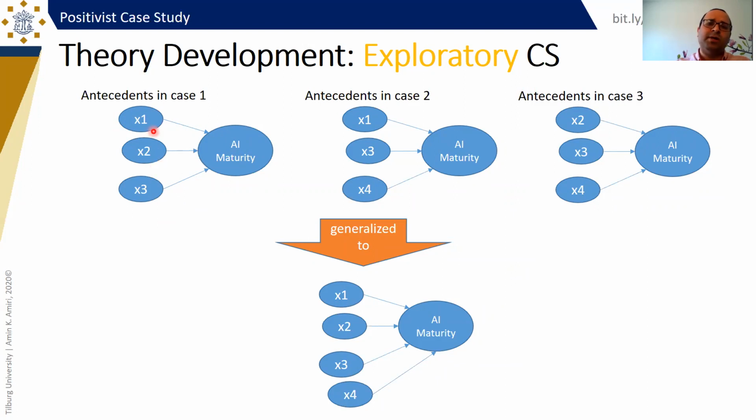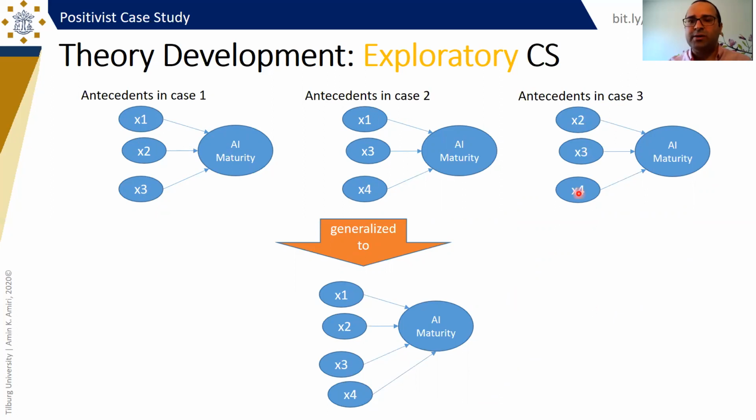So she went and studied in case 1. She found X1, X2, and X3 as the antecedents of AI maturity. That means if you increase these, AI maturity will be increased. In case 2, she found X1, X3, and X4. And in case 3, she found X2, X3, and X4.